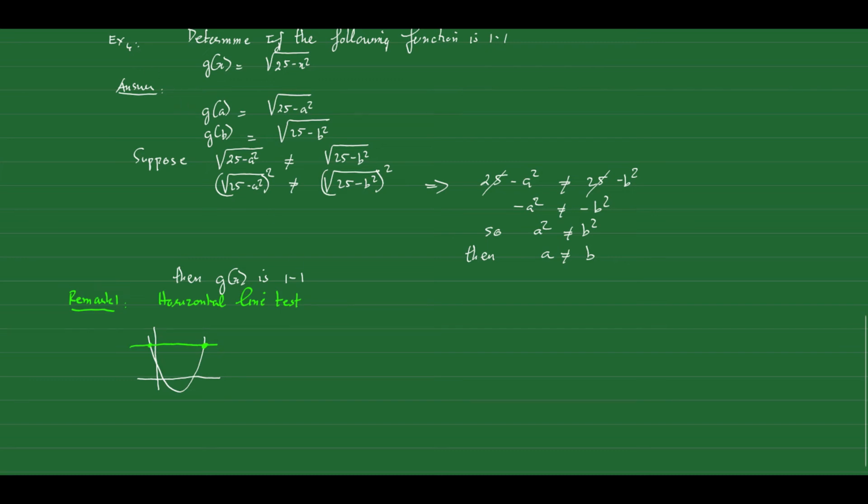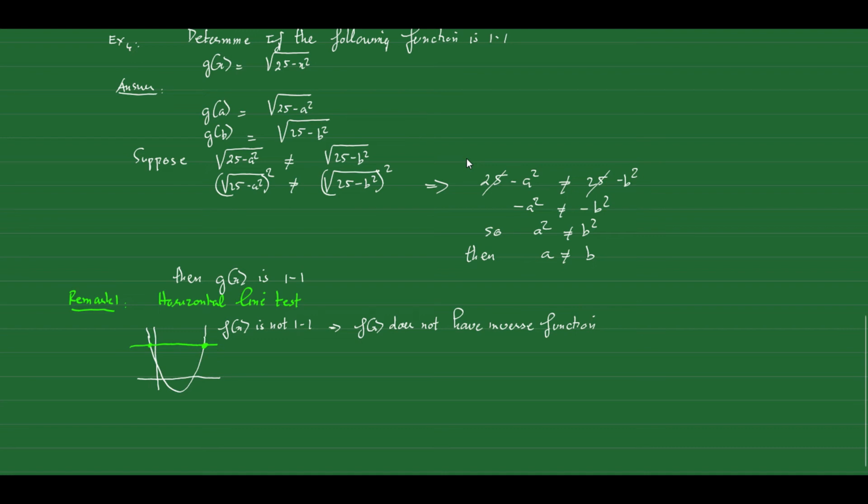So f of x here is not 1-to-1, and because it's not 1-to-1, f of x does not have an inverse function. So up to this point you know right away that not all functions have inverses, even though it's still a function.